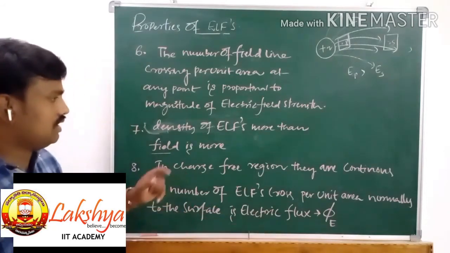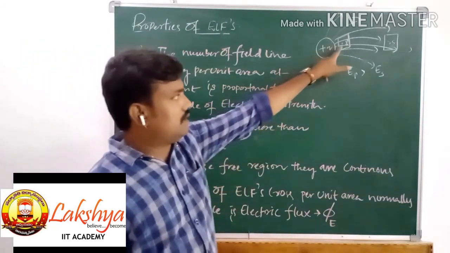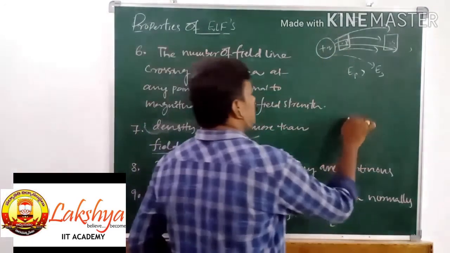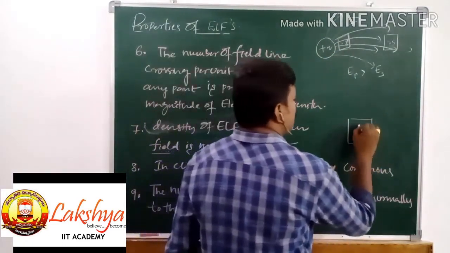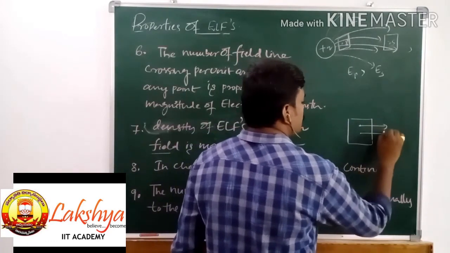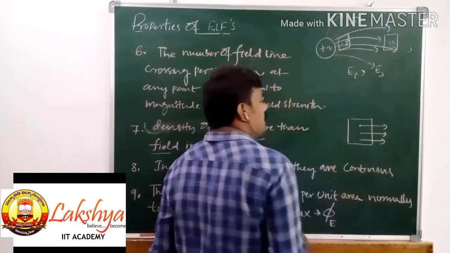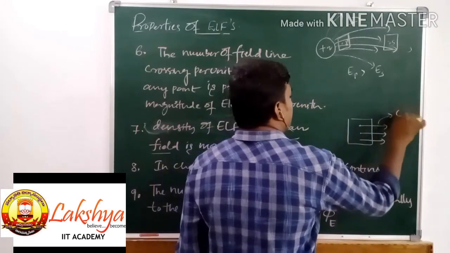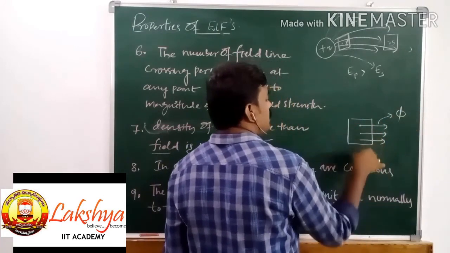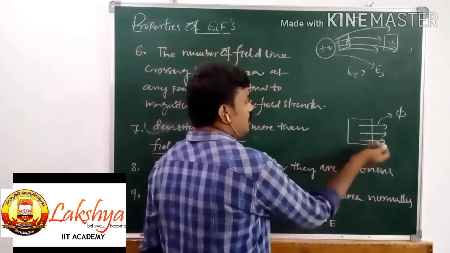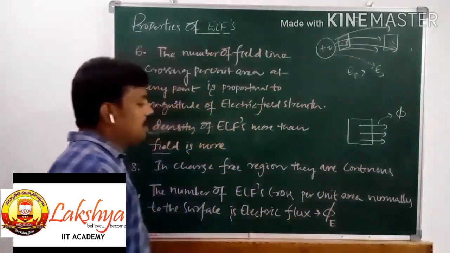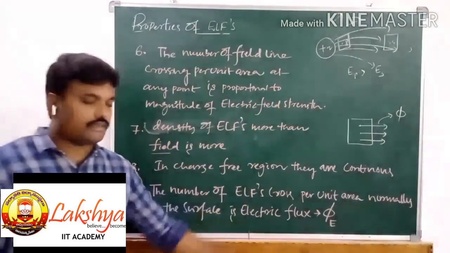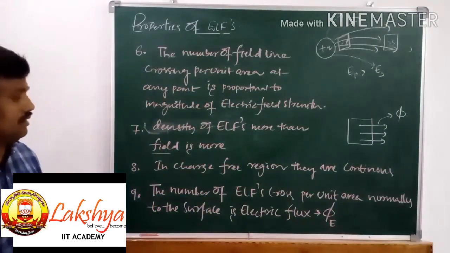If you take this surface, the lines that come out normally from it are said to be electric flux. So these ELFs coming out normally from the surface are said to be electric flux here. Okay.